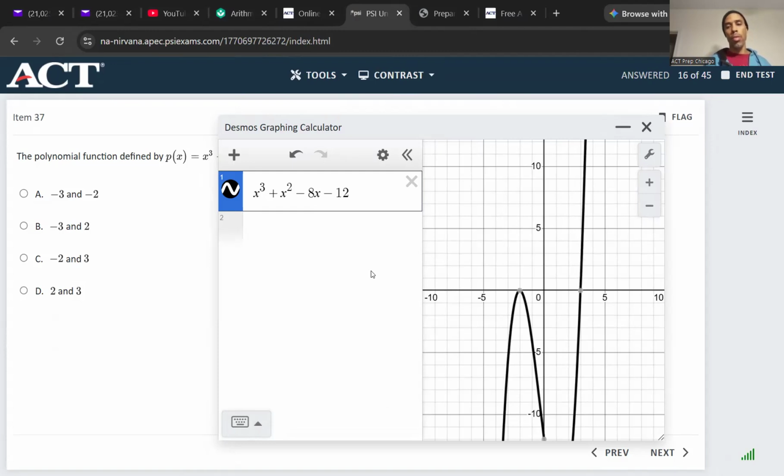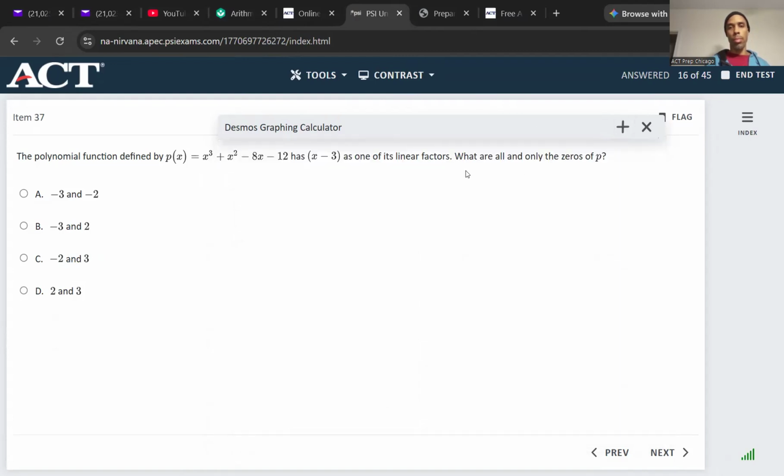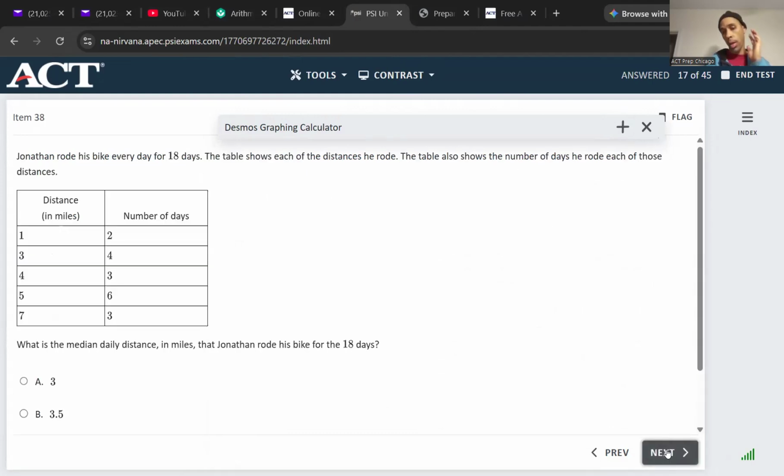All right. And so you see it gives you your zeros here, negative 2, and here 3. Negative 2 and 3. Because the zeros are the x-intercepts. So Desmos calculator, if you know how to use that, that makes that part really easy.